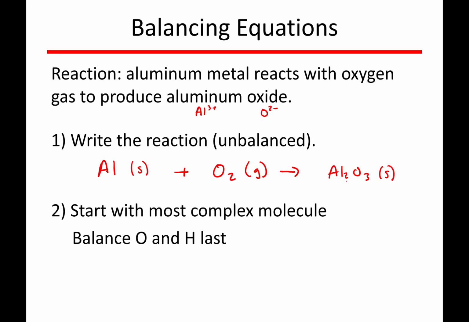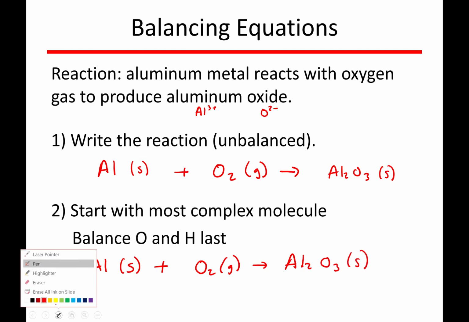We see here that there are 2 Als, and on the left-hand side of the equation, there's only 1. And so to have an equal number of aluminums on both sides, we'll need to multiply the aluminum by 2. So 2 aluminums plus O2 goes to Al2O3. And we put this coefficient of 2 in front of aluminum to basically multiply it by 2, but also to say it's 2 aluminum atoms.